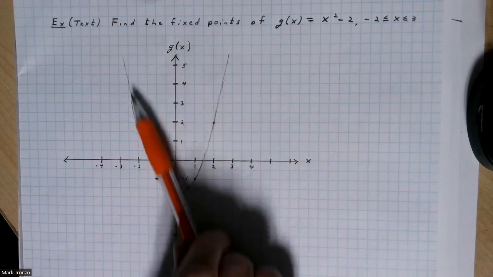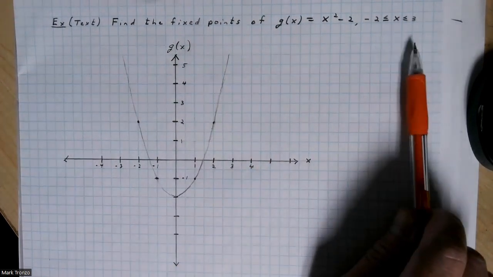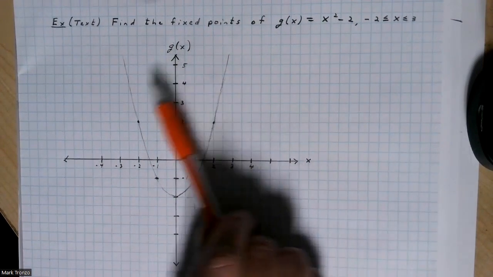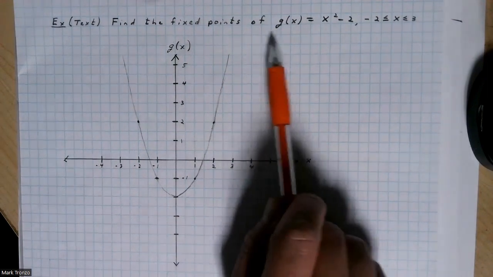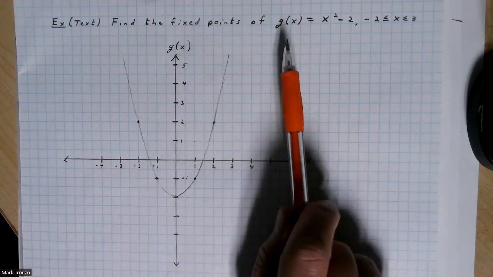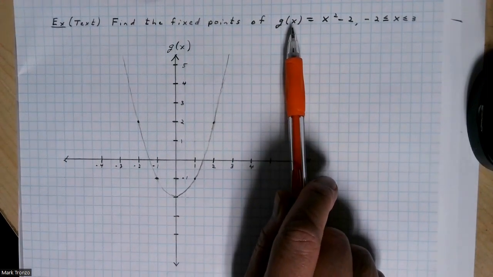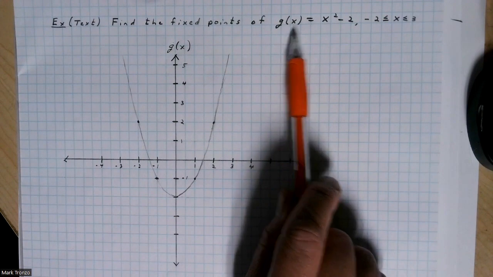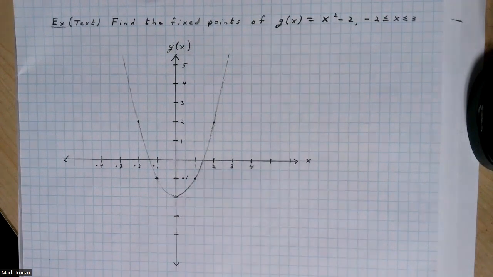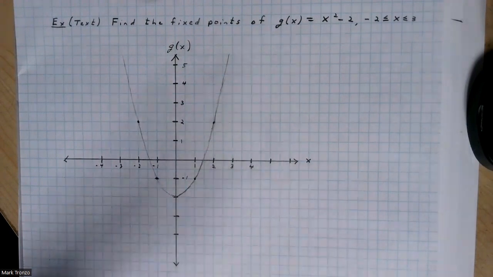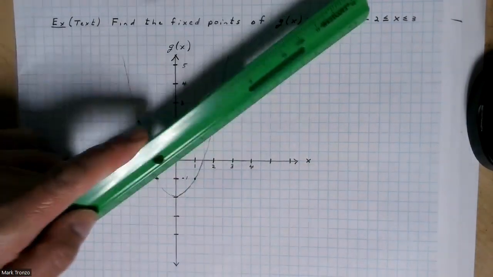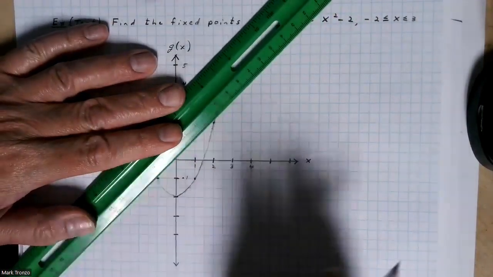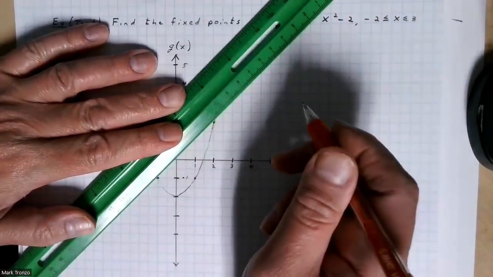Actually, I've graphed a little bit beyond where we're told here. But in any case, here's the picture of the graph. And a fixed point, once again, will be any place where g of x equals x. We can find this very easily if we draw a line y equals x, because that's really what we're looking for: the places where y is equal to x.